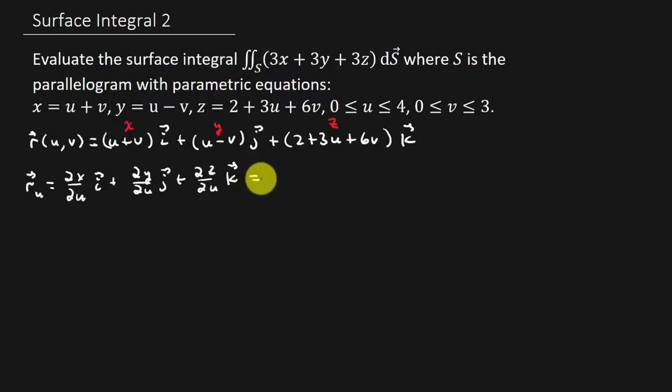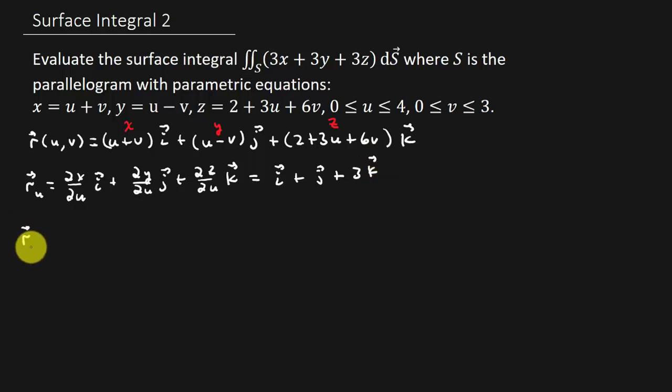The partial of x with respect to u is 1, so 1i, plus the partial of y with respect to u, that's 1, so 1j, plus the partial of z with respect to u is just 3. Those two go to 0, so that's 3k.